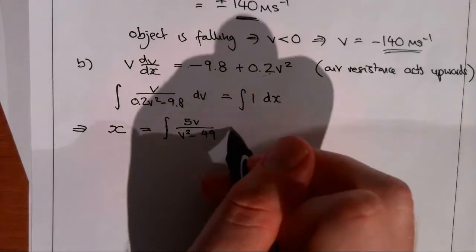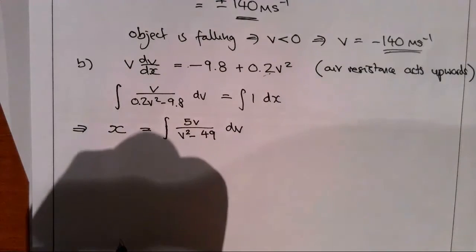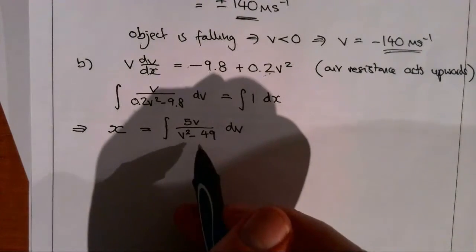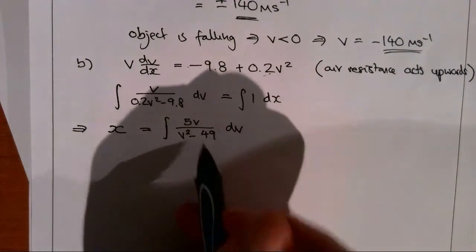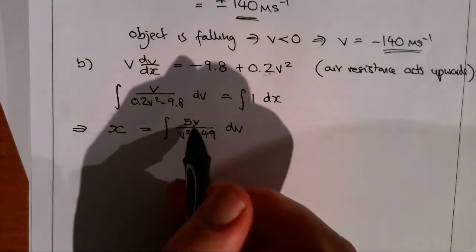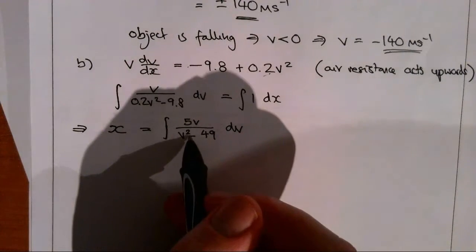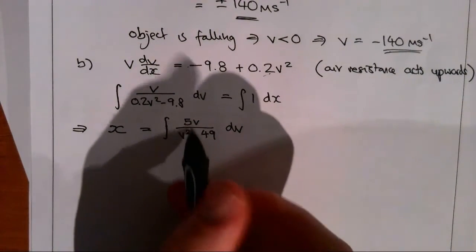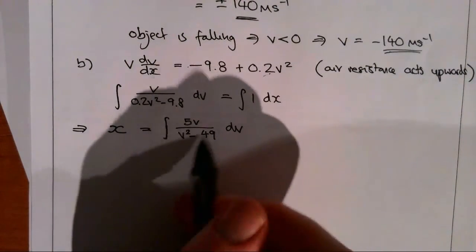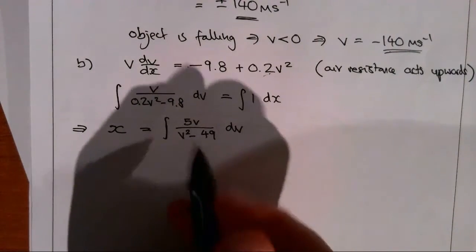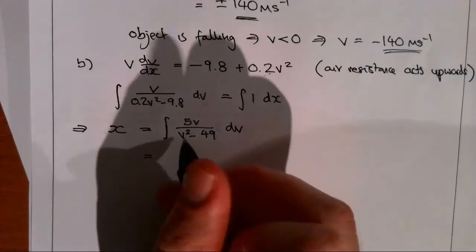So this is the integral of 5v over v squared minus 49, I believe, dv. And then as we integrate this, what we notice is that the numerator is very close to the derivative of the denominator. So thinking back to when we did our calculus, this is going to be very close to the natural log of the denominator.